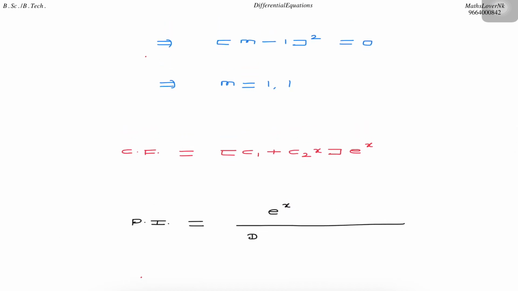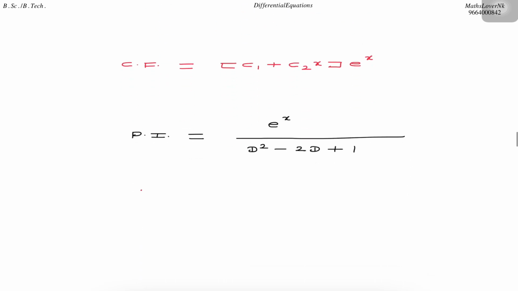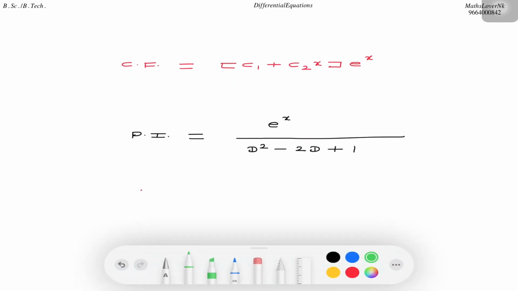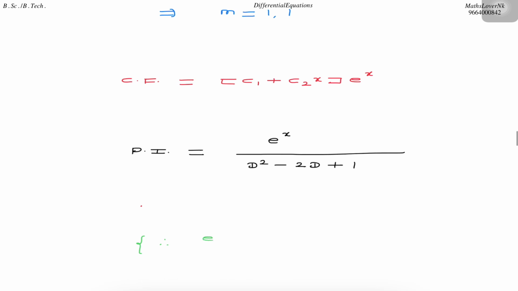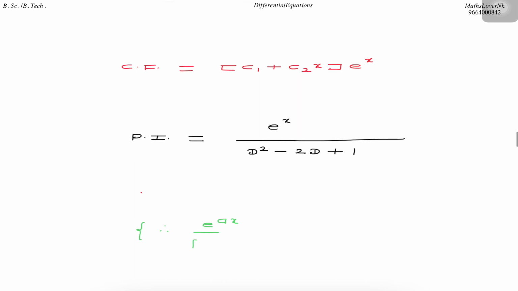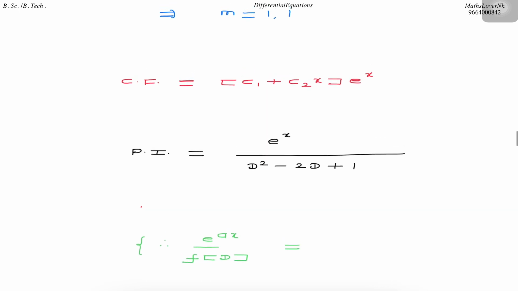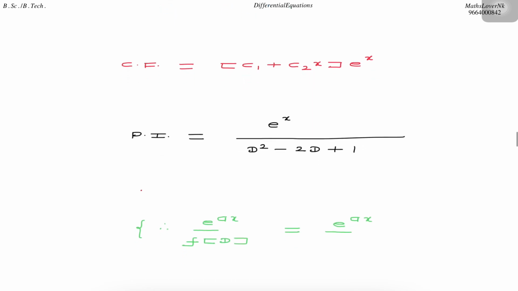When we operate, the identity says that if e the power ax is in numerator and f(D) in denominator, f(D) stands for the function of D, then we can write e the power ax upon f(a).